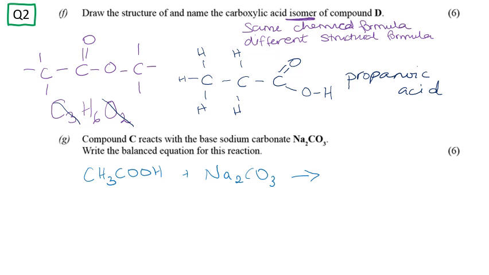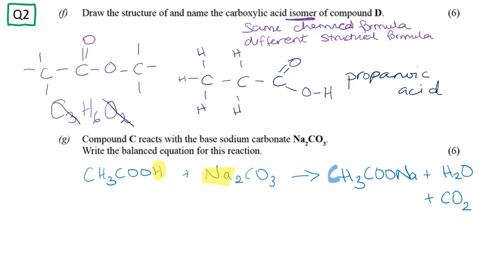So the OH in the carboxylic acid will be replaced by the sodium, and we will form water and carbon dioxide. So that looks like CH3COONa plus H2O and CO2.